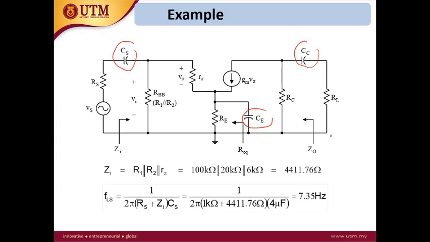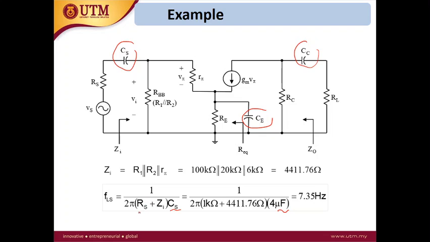Okay, so the next thing is, to calculate the low cutoff frequency, you need to consider the cutoff frequency due to CS, then the cutoff frequency due to CC, and the third one, the cutoff frequency due to CE. This is the calculation for the cutoff frequency due to CS. When we consider only CS, we bypass CE, so RE will not appear, and CC is replaced with a short circuit. The calculation is f equals 1 over 2 pi RC. C is CS, which is 4 microfarad.